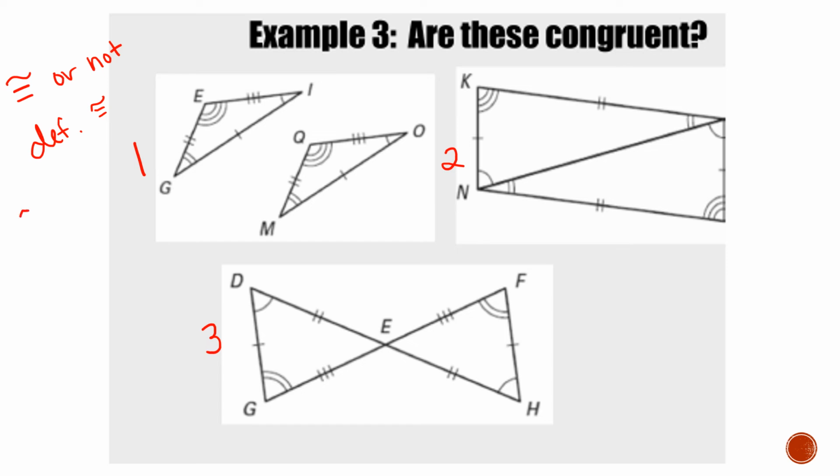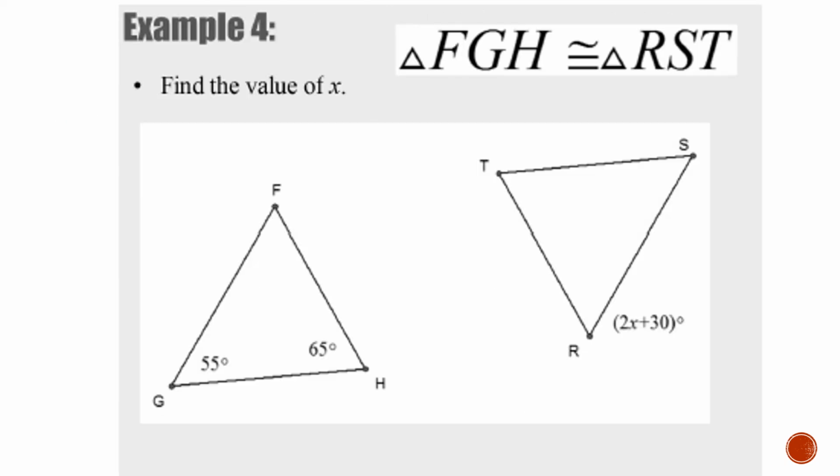In order to be congruent, that means all sides and all angles, excuse me, I should write corresponding in here, are congruent. So double check that in all of those, see if you can get me an answer, and we'll talk about that on Monday.